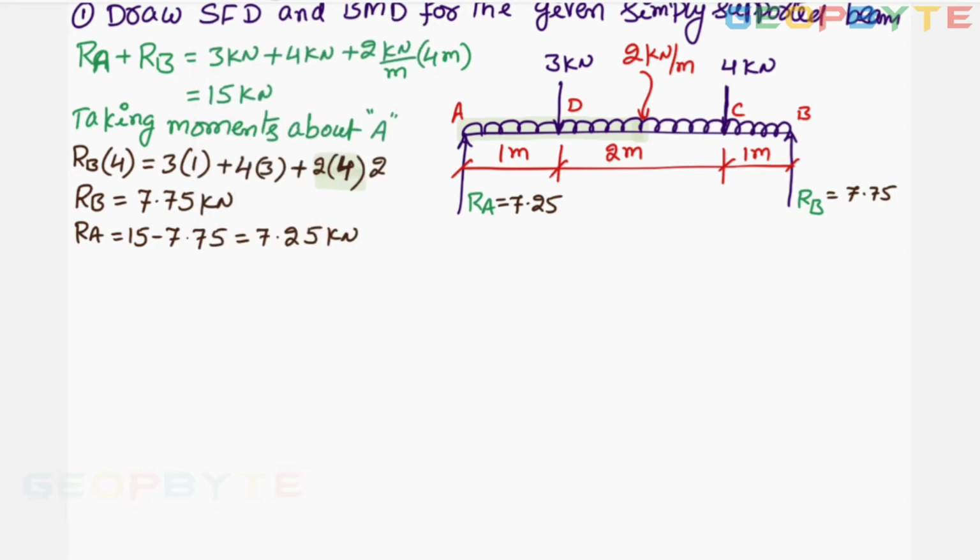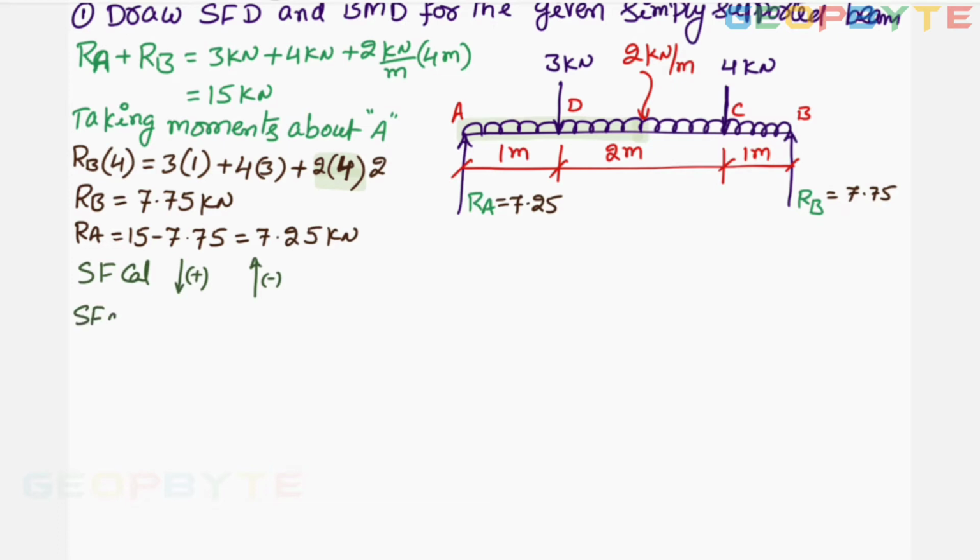Now let us go for the SF calculations. For this, you should take downward forces positive and upward forces negative. Sign convention. Now we are going to find the shear force values from right to left.